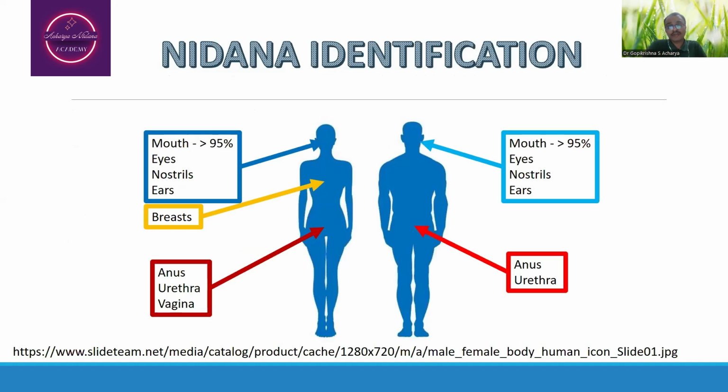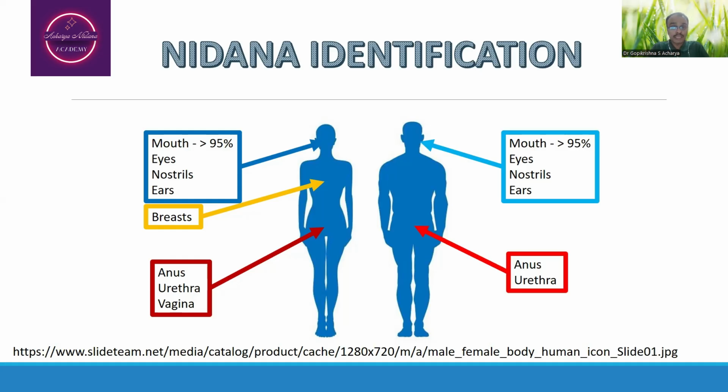As far as Nidana identification is concerned, which is the main topic of discussion today, 9 natural orifices are present in males, and 12 natural orifices are present in females. Whenever the Nidana or pathogens enter any of these natural orifices, initially the symptoms may be observed in those orifices.